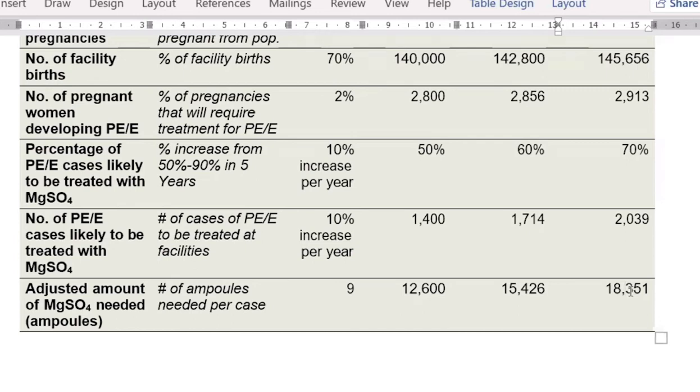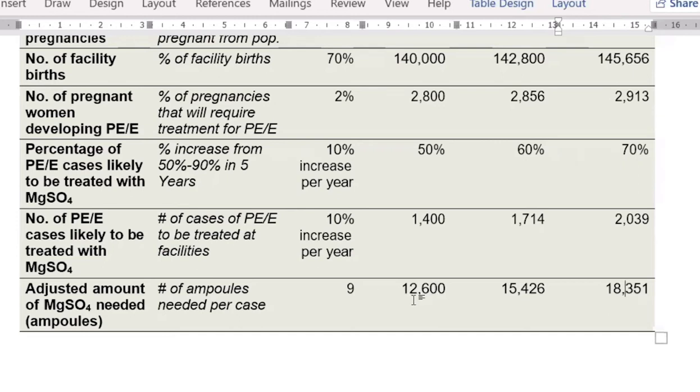these drugs, especially injectables, they will never be delivered as each. They will be delivered in pack sizes. So the size of the ampule of magnesium is normally maybe 50 or 100 per box, right?